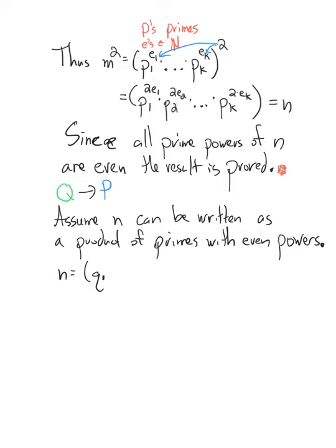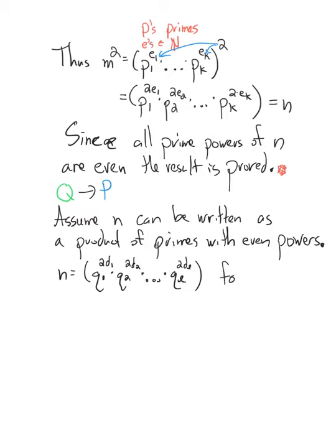So we have q1 to the 2 d1 times q2 to the 2 d2, all the way to ql to the 2 dl. So there's L primes multiplied together.